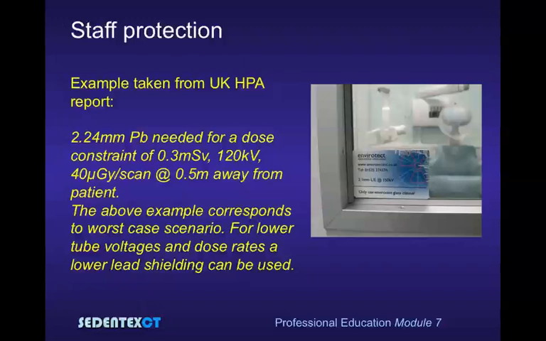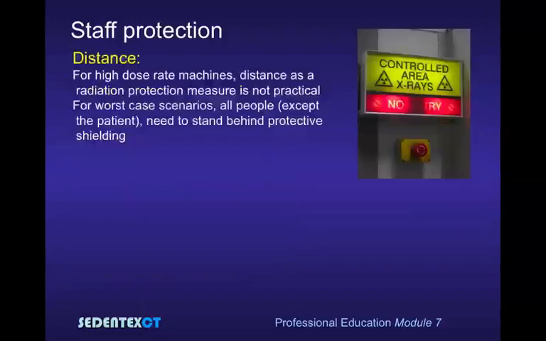Clearly, this would vary significantly depending on the piece of equipment used, the size of the room, and the likely use of the equipment in the practice. But it gives you an idea of the sort of calculation that needs to be carried out by the medical physics expert.